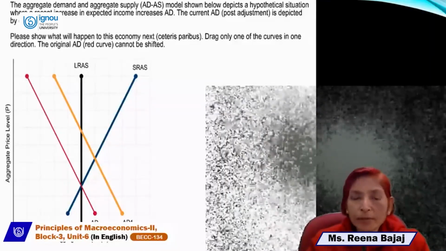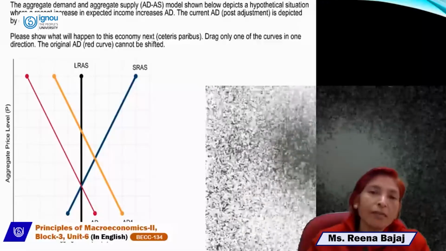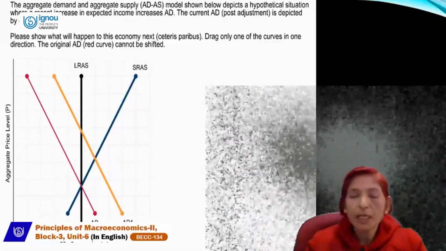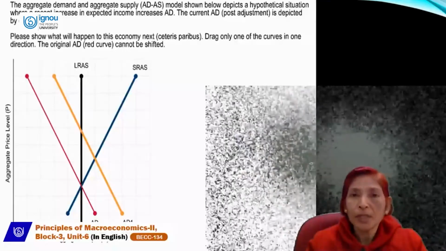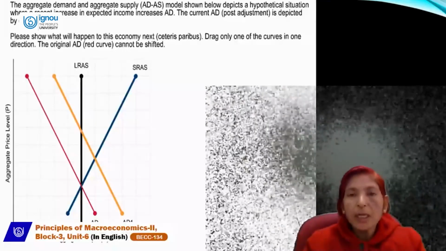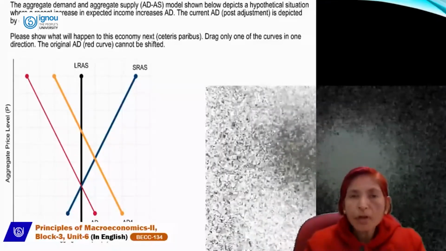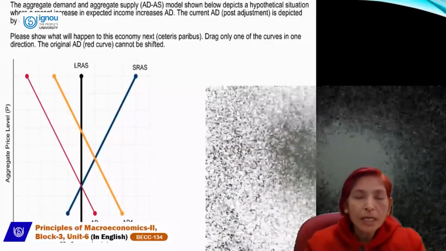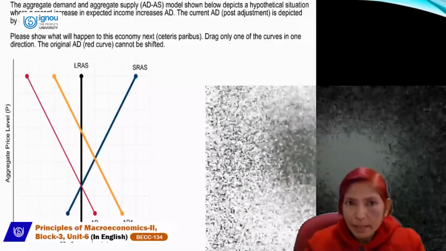Aggregate demand can shift right-hand side or left-hand side due to change in fiscal policy and due to change in monetary policy. In case of expansionary fiscal policy and expansionary monetary policy, the AD curve will shift to the right-hand side.